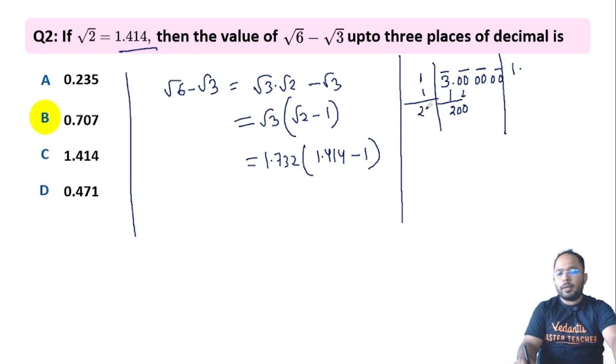If I take 8, 28 into 8, 8 is just 64, 8 twos are 16 plus 6, it becomes 22. Whereas if I take 27 into 7, 7 sevens are 49, carry 4, 7 twos are 14, 4, 18. So yes, we can take the 7 here. So it becomes 189. 10 minus 9 is 1, 9 minus 8 is 1.